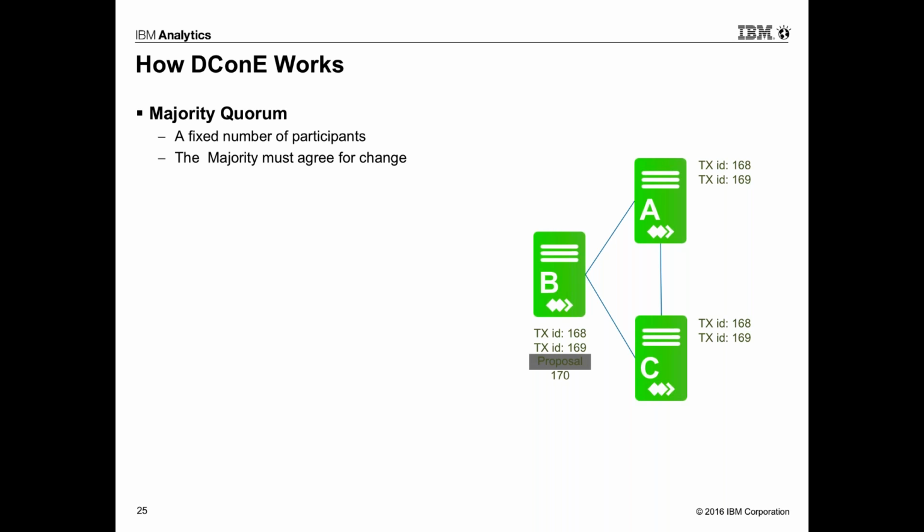So let's say we have 3 clusters participating in the replication scheme, or membership. On cluster B, we have a write request. Let's call it transaction 170. It generates a proposal to A and C, which then say, okay, we agree that this write can happen, and then it goes through.